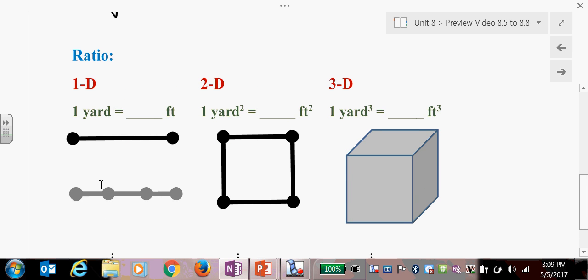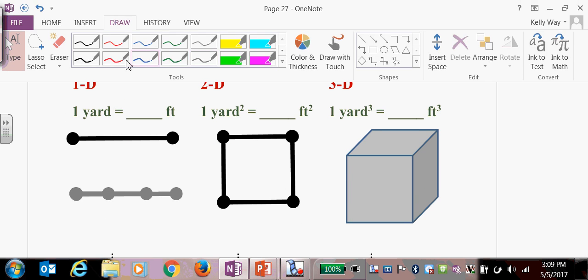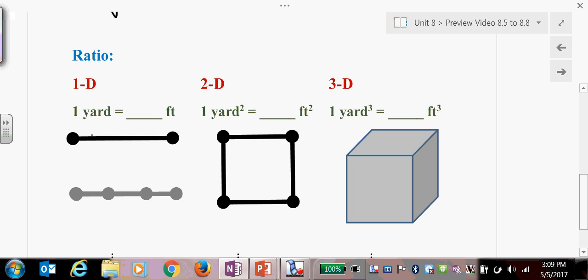Okay, so 1 yard. If we have 1 yard here, lengthwise, how many feet is 1 yard?